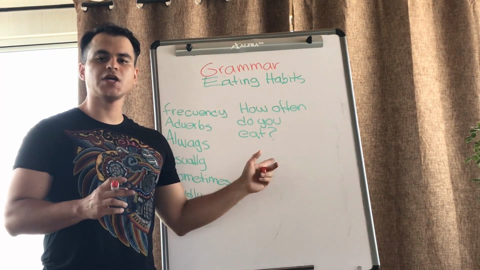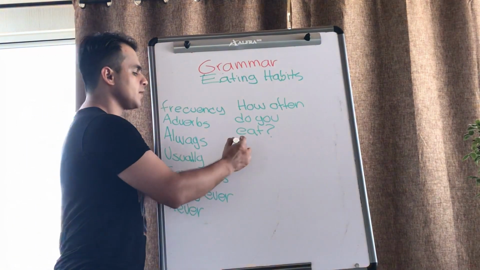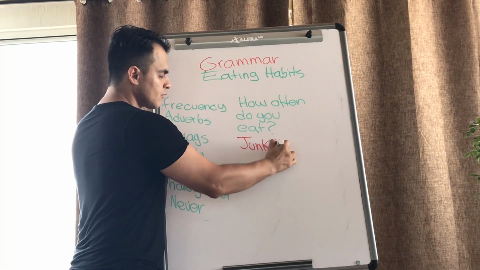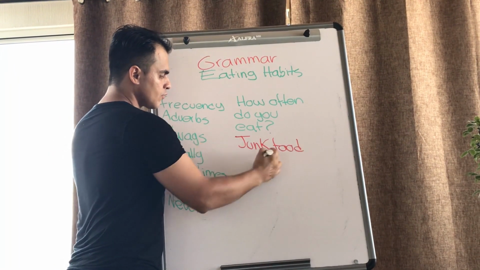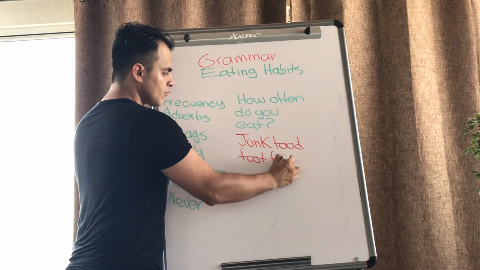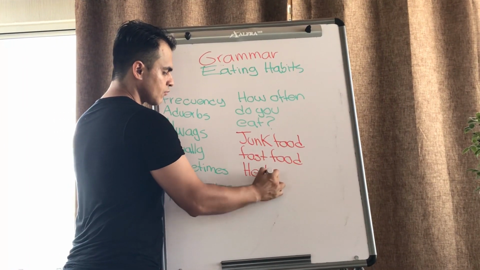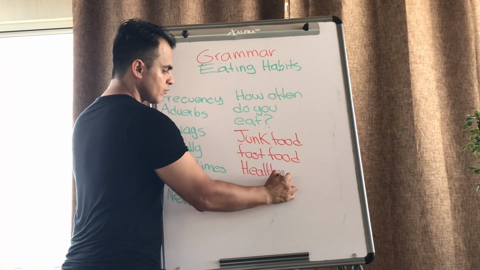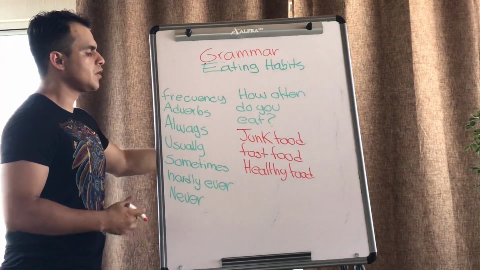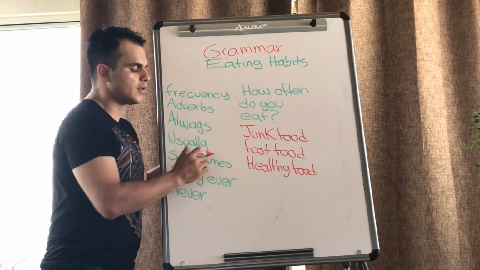What do we need? Just the vocabulary. How often do you eat? And let's write. How often do you eat junk food? How often do you eat fast food? How often do you eat healthy food?